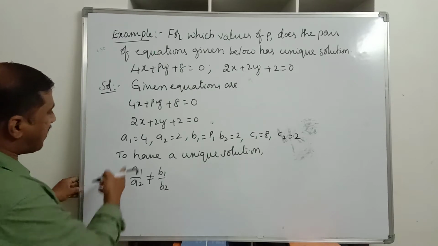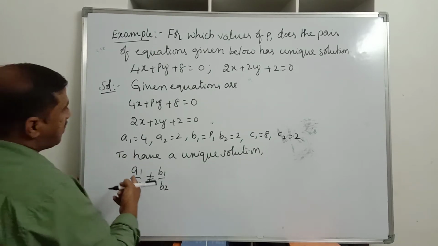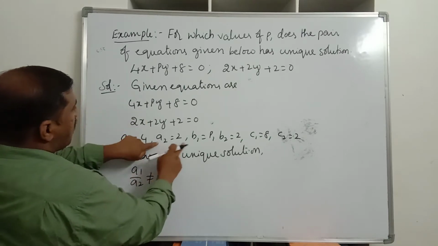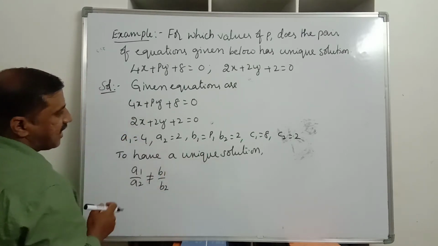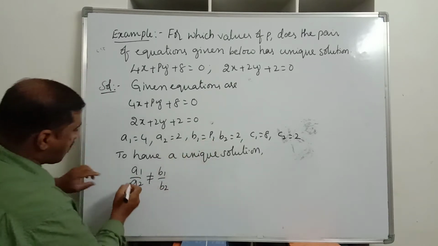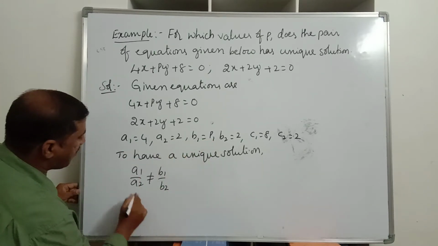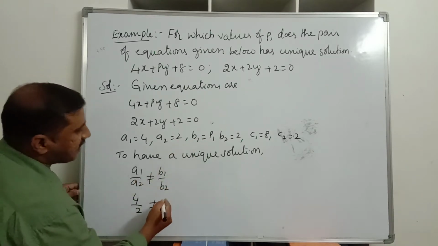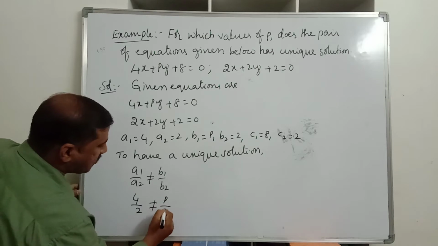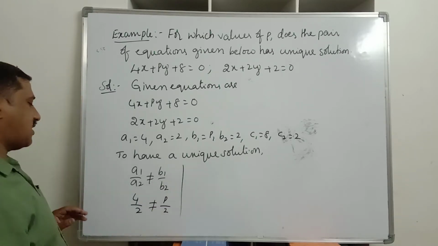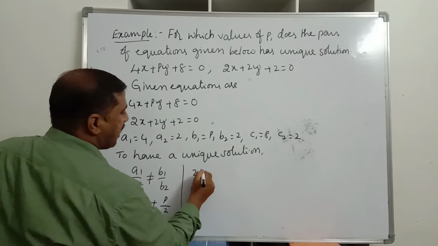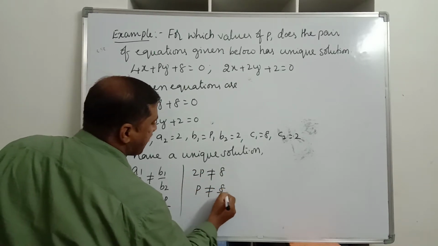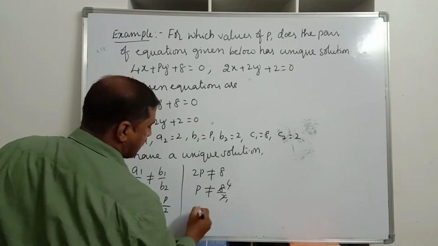Now substitute: a1 is equal to 4, a2 is equal to 2, b1 is equal to p, b2 is equal to 2. So a1 by a2, 4 divided by 2, is not equal to b1 by b2, p divided by 2. By cross multiplication what we get is 2p is not equal to 8, and p is not equal to 8 by 2, that is, 2 ones are 2, 2 fours are 8.